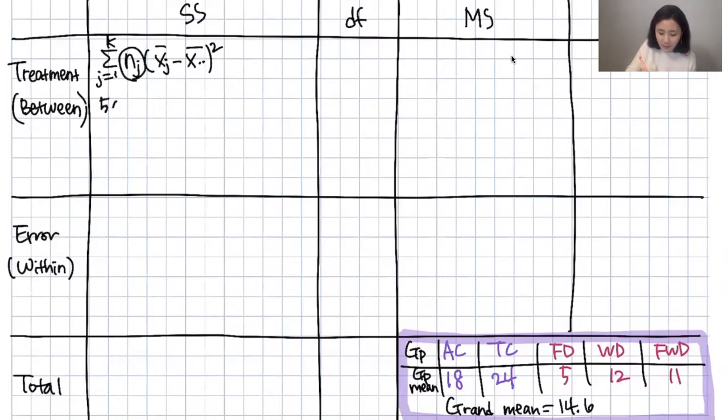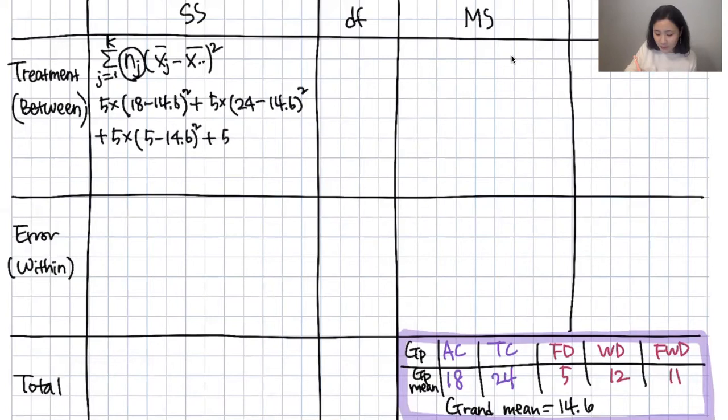So 5 times 18 minus 14.6 squared, plus 5 times the second group, TC group mean is 24, minus grand mean 14.6 squared, plus 5 times the third group, food deprived group mean is 8, minus grand mean squared, plus 5 times water deprived group 12 minus 14.6 squared, plus 5 times the last group mean 11 minus 14.6 squared, which is 816.